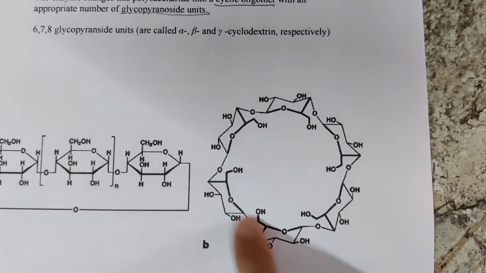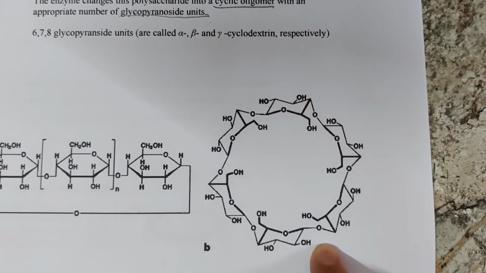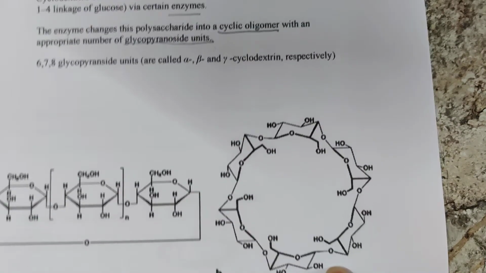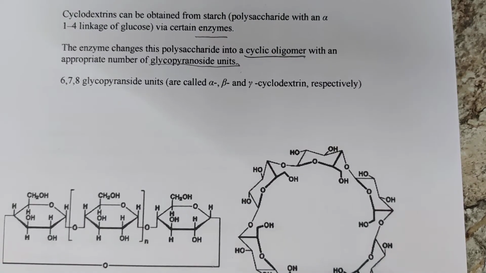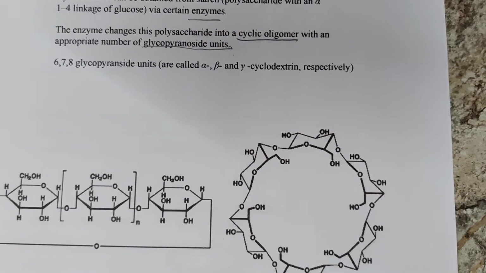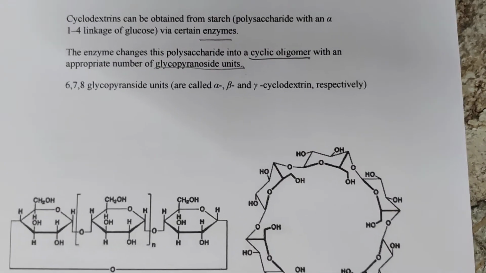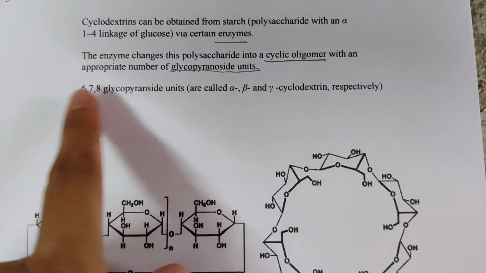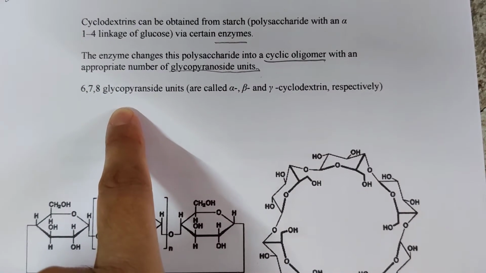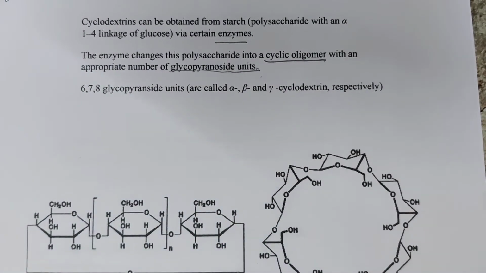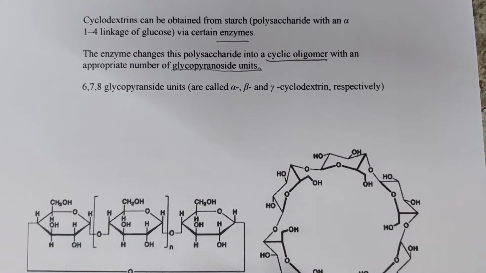So here you could see this is a cyclic oligomer, and depending upon the number of glycopyranoside units there, we name them. Mainly 6, 7, 8 glycoside units are present in the cyclodextrin. These are the most commonly existing cyclodextrins, but there could be a higher number of units also.